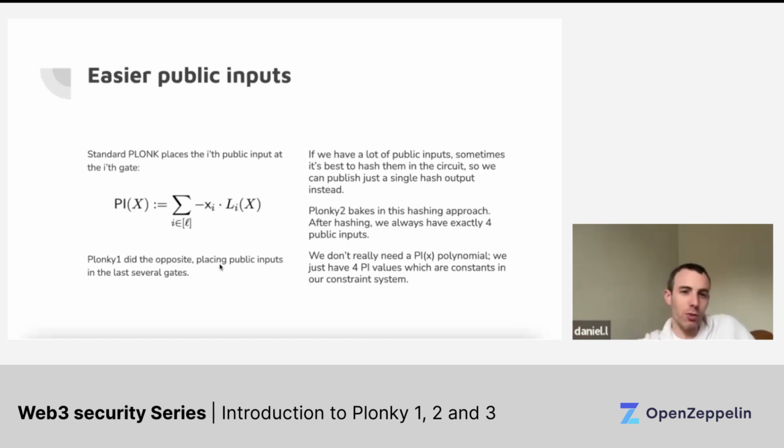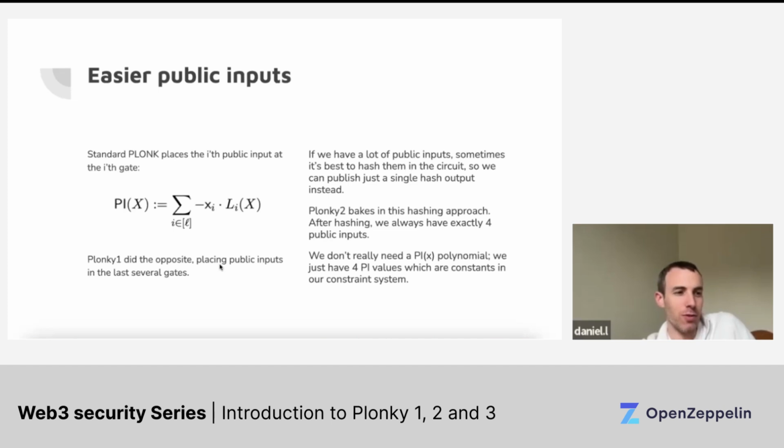But in Plonky2, we did something different. We recognized that some applications had a lot of public inputs, and usually we want to keep public inputs small. So sometimes it makes sense to hash all the public inputs we have and just publish a single hash instead of the whole list. And we ended up baking in that paradigm. So we always hash the list of public inputs, and the output of this hash is 4 Goldilocks elements.